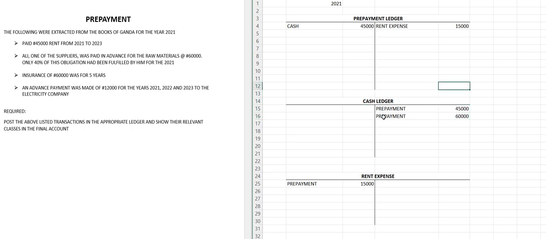So you come to prepayment here, on this side you write cash 60,000. Right, and now you create the account for that transaction, which is what?